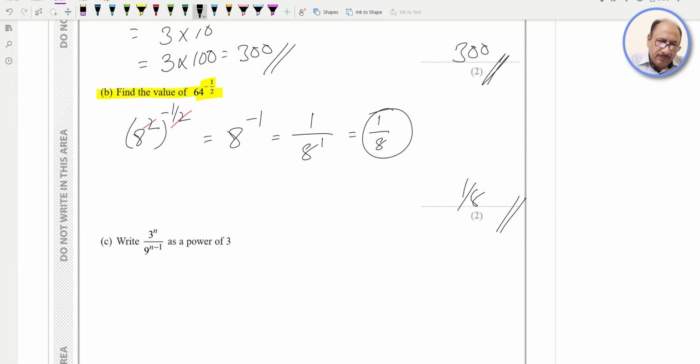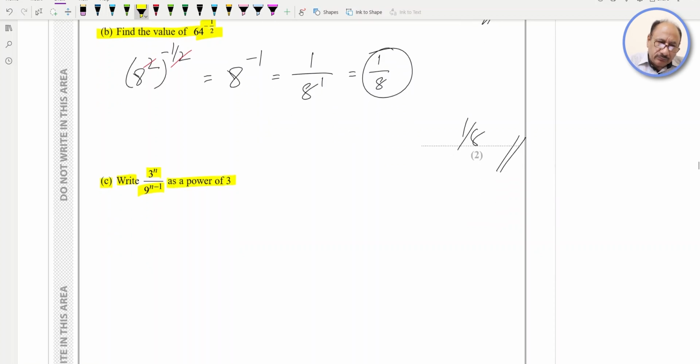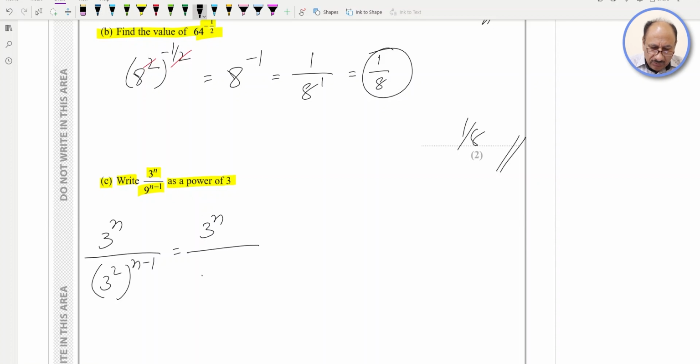Hopefully you understood this. Now part C says write this one as a power of 3. Now we can rewrite 3 raised to n over 9. We can write 3 square as 9 and whole raised to n minus 1, and this will be 3 raised to n over 3 raised to 2n minus 2. 2 is multiplied by n minus 1. Now we can shift this 3 raised to 2n minus 2 from denominator to numerator.